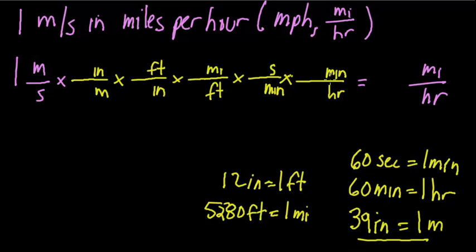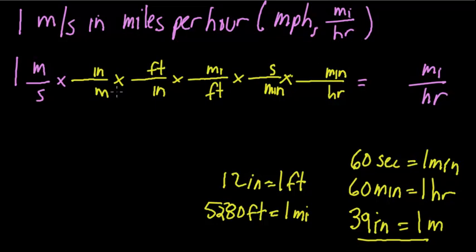And this would be a very difficult conversion to do if you try to do it in your head, simply because with the seconds in the denominator, all the usual rules about dividing or multiplying, you just can't keep it straight. In this way, it's totally a system. It's very straightforward to do, and you don't have to remember what you need to divide by or what you need to multiply by.